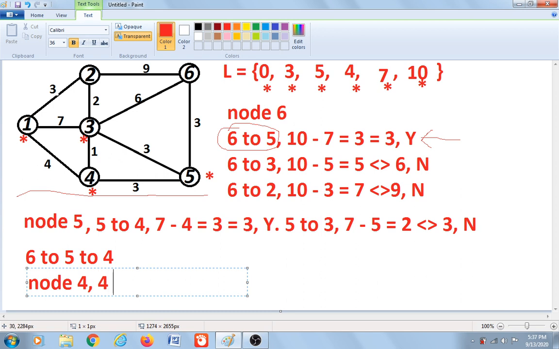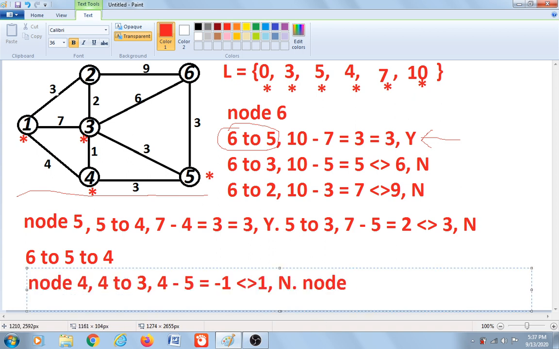So 4 to 3: it is 4, and 3 is 5, and that is minus 1. Minus 1 is not the same as 1, so it is a no.